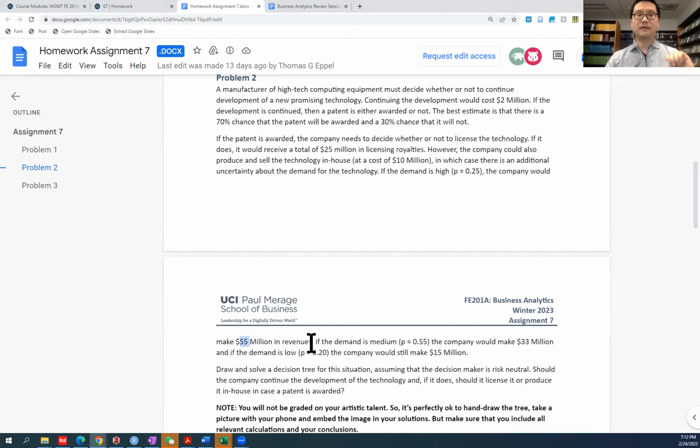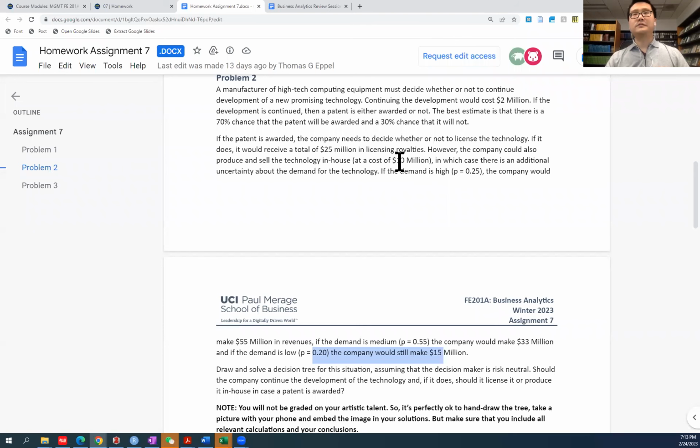That's the revenue. If the demand is high, we take expectation. Then we plus the product of these 2. Then plus the product of these 2. So we have 3 scenarios, and we weight the expected revenue with the probability of 3 scenarios.